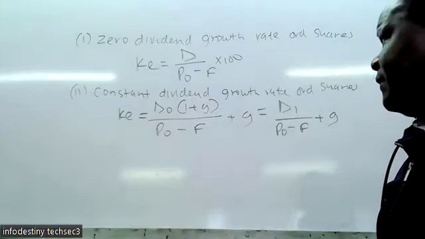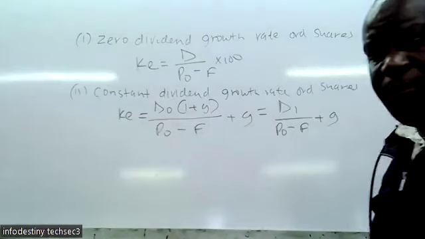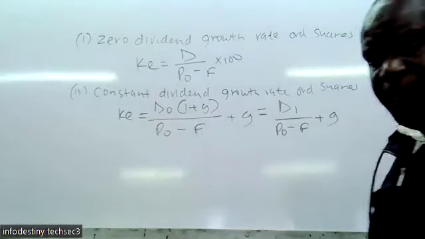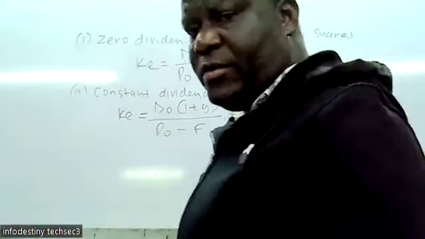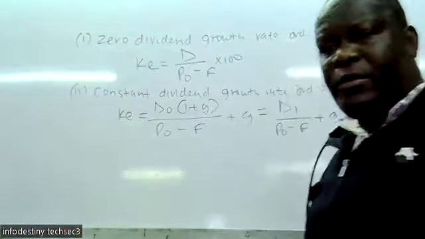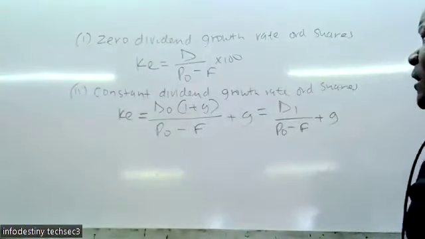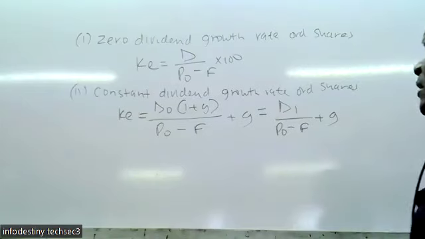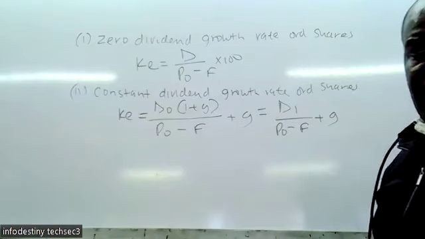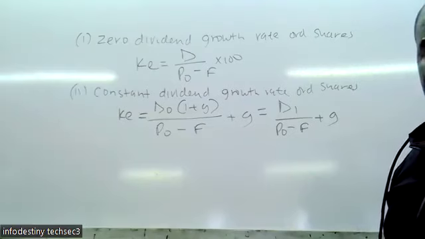F is the flotation cost. G is the constant growth rate. So that is the constant dividend growth rate ordinary share, the first part, which is the cost of the ordinary share.